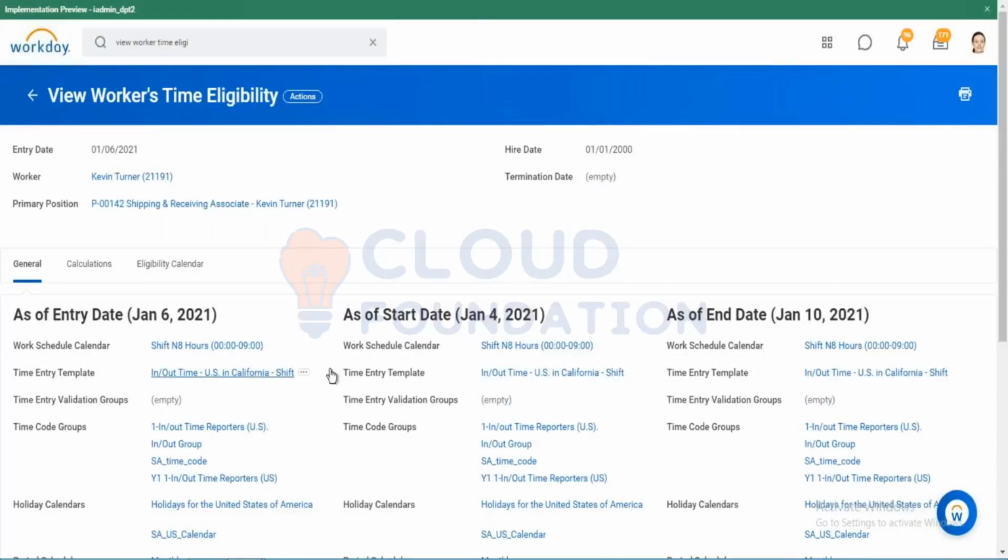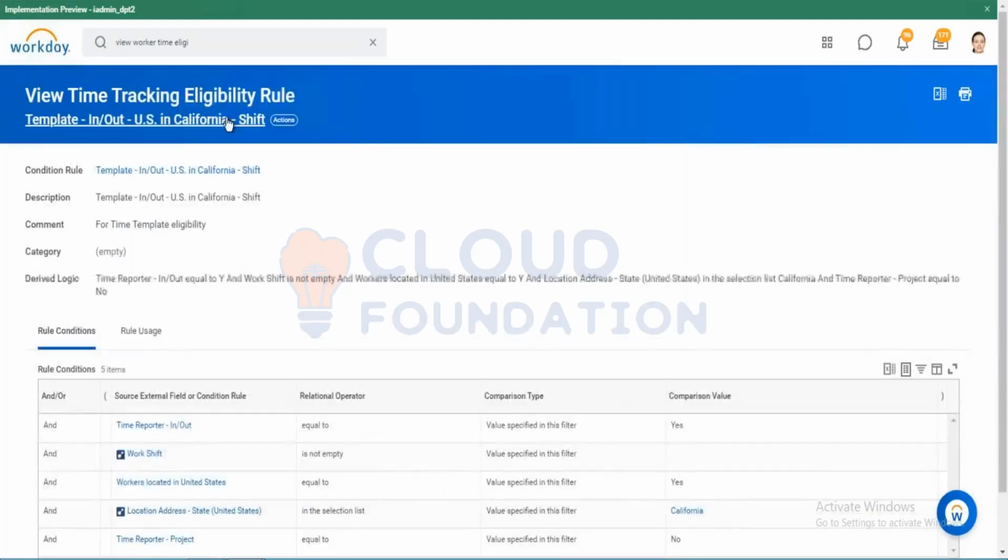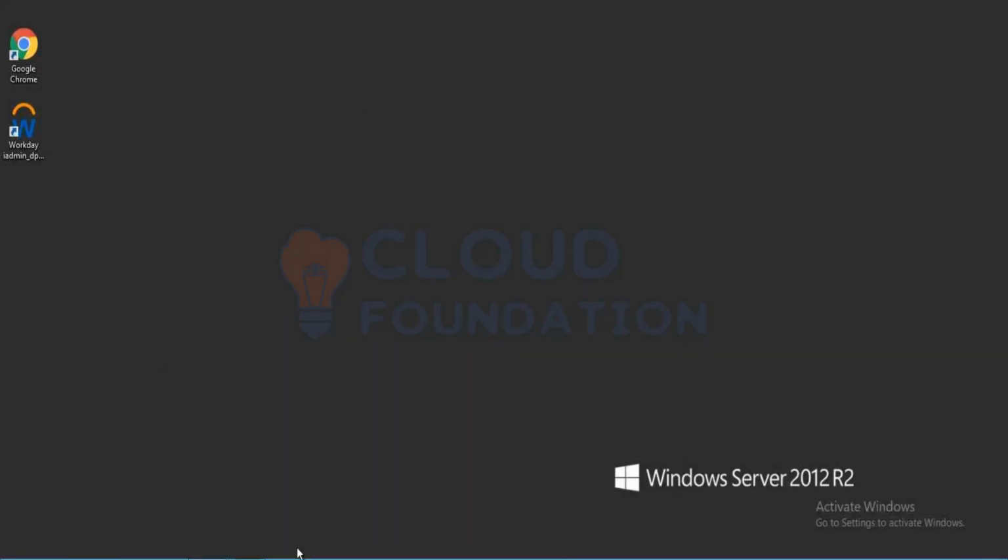No, I did not copy the template. I copied the worker eligibility rule, the View Time Tracking Eligibility Rule. This rule I copied. This is basically what makes him eligible.